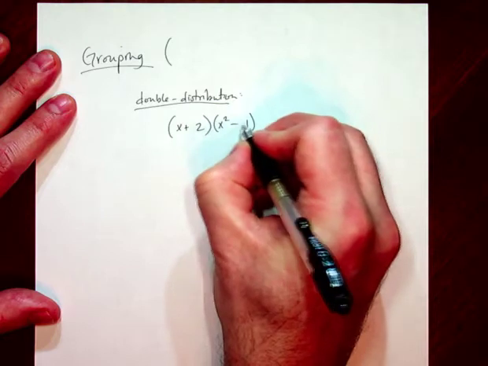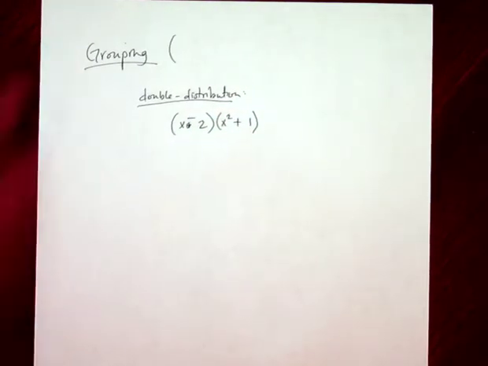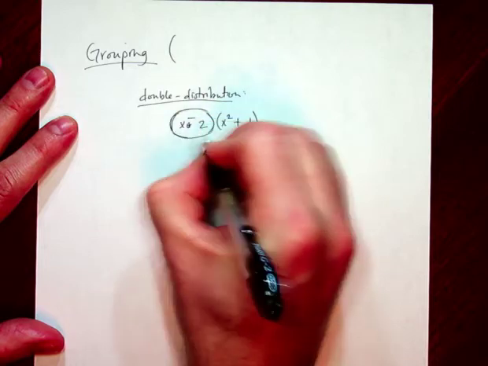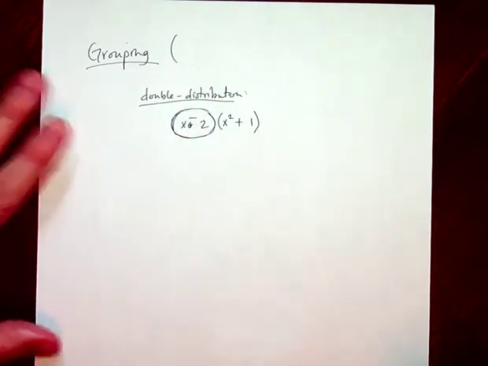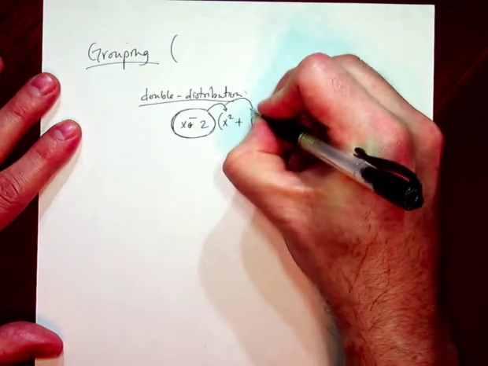Or no, let's do x minus 2 and x squared plus 1. Now, usually you would FOIL this, but let's just pretend that x minus 2 is a single quantity, and let's distribute it to both of these terms.